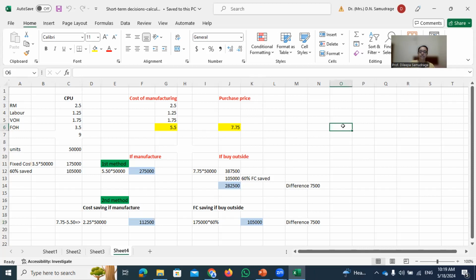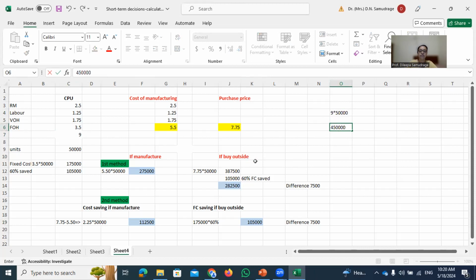This is the full cost. How much is 9 into 50,000? Calculate and tell me. If you manufacture 50,000, you get one figure, that is 450,000.